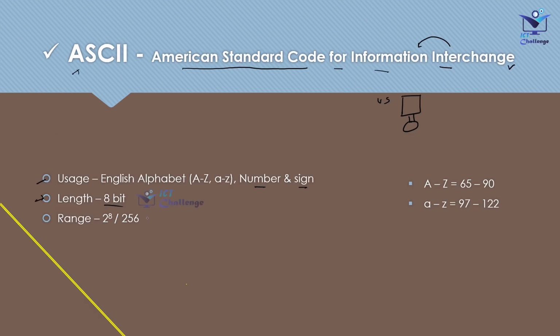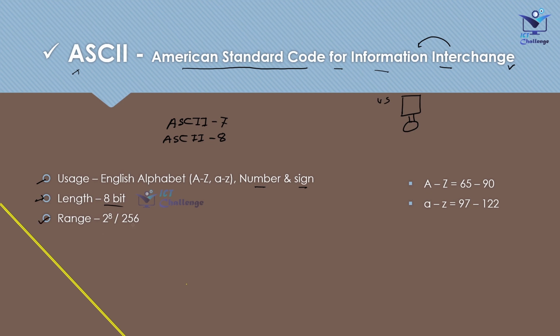So here we are using ASCII 8. At first ASCII 7 was invented, after that ASCII 8 was regenerated as the coding system. So here the length of this ASCII code is 8-bit, and the range.